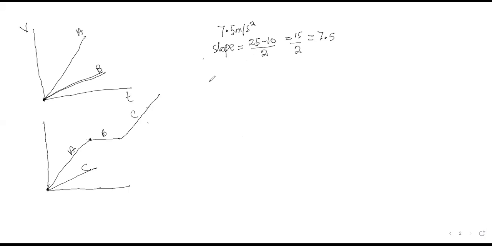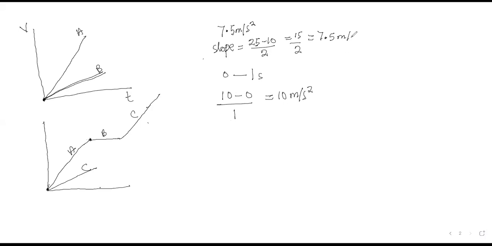That is between the time interval 3 to 5. Then the slope during the time interval 0 to 1 second. The change in vertical is 10 minus 0 over 1, and this is 10 meters per second squared.